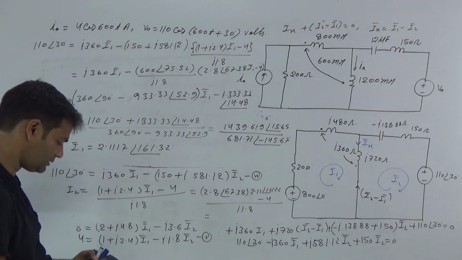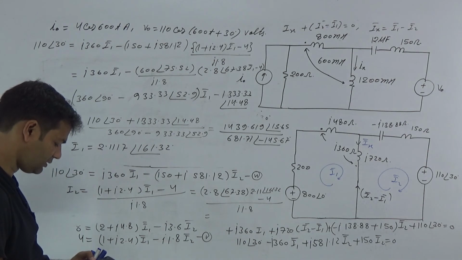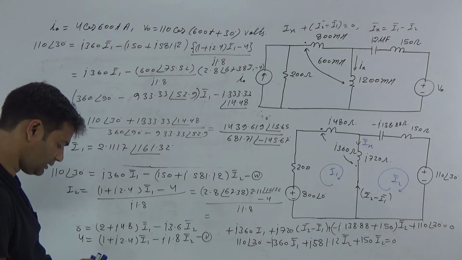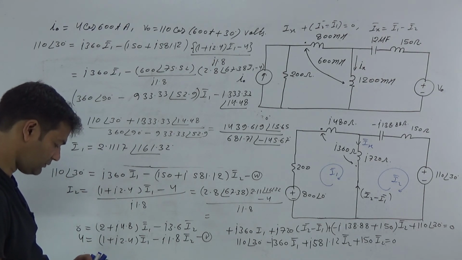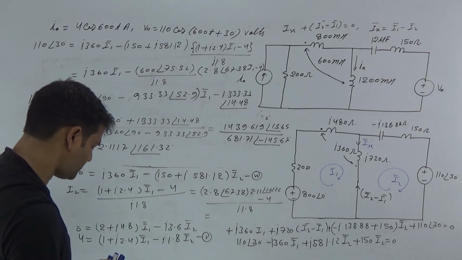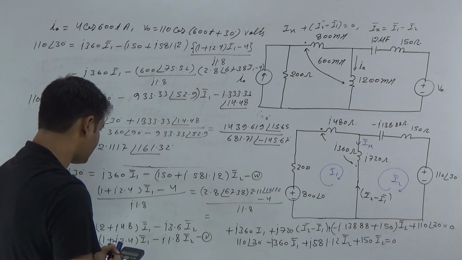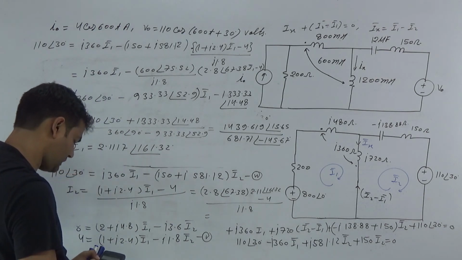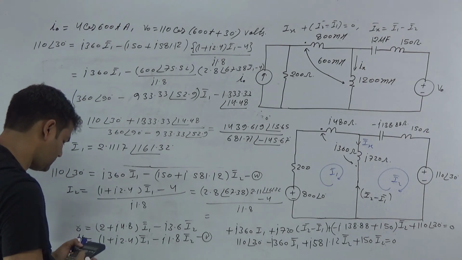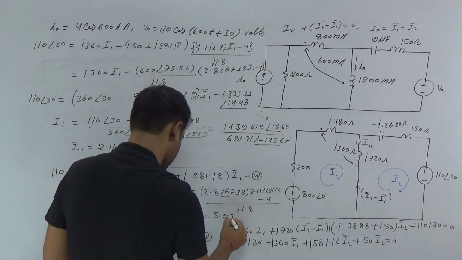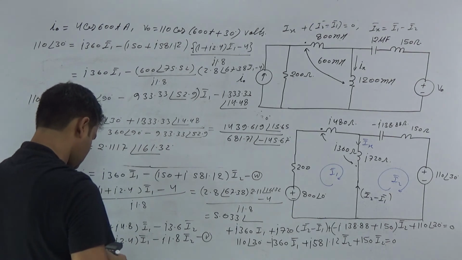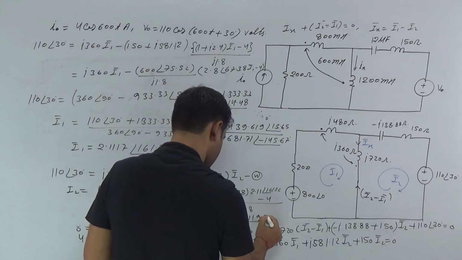Okay, so finally this one into this one minus 4 at the angle 0, and we got 9 point something, whole divided by 1.8 at the angle 90 degrees. So finally we got I2 that is 5.033 at the angle 119.33.